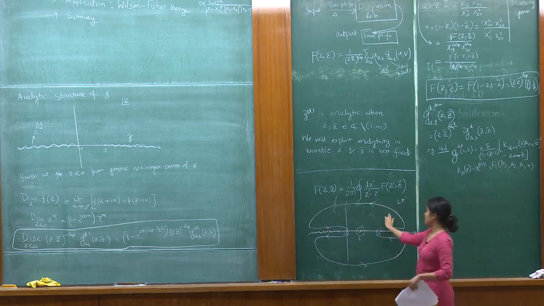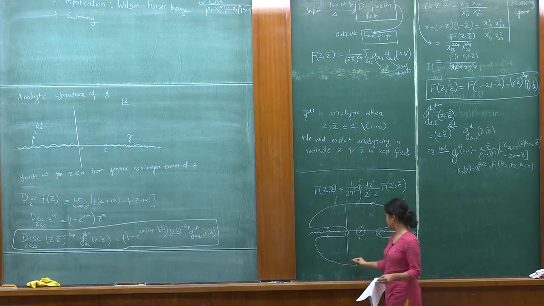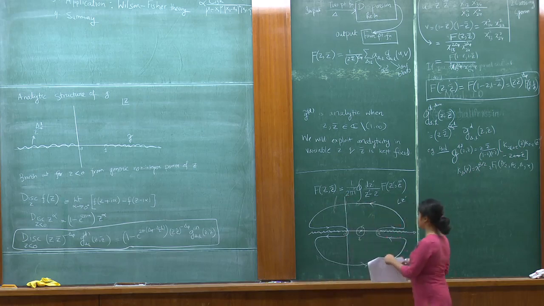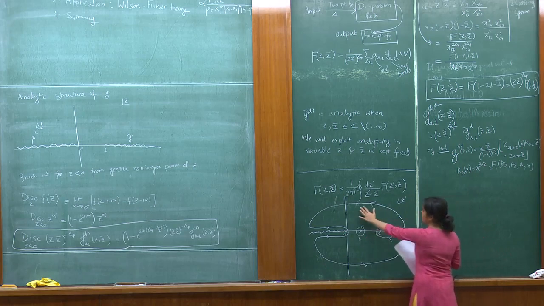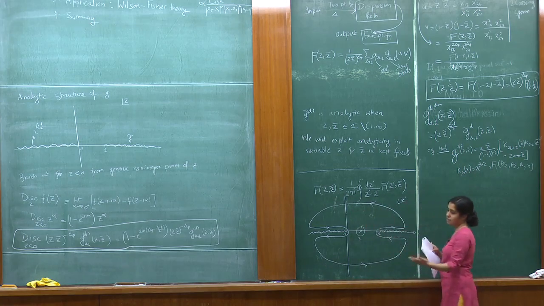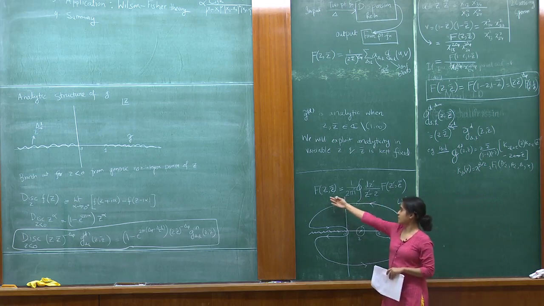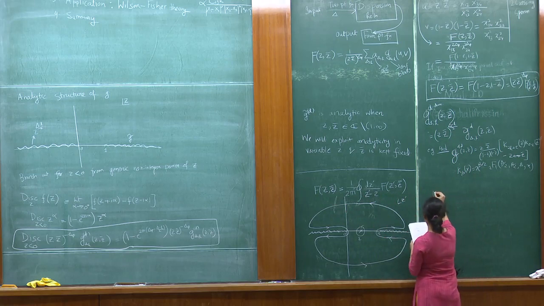Now you see that when we are deforming the contour, we have contributions from the arcs, and we need to take care of the large arc contributions. This is basically the behavior when z goes to infinity, and in order to see that behavior, one needs to see the 1 over z expansion of the correlator.